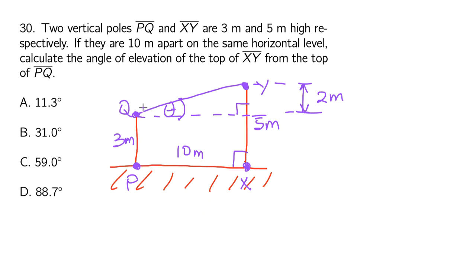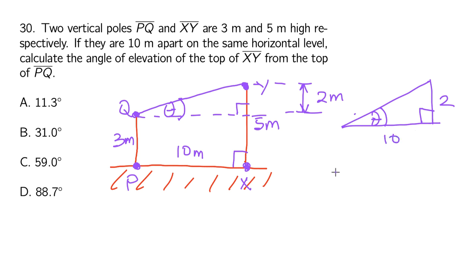So we now have this base being 10 meters and then this height being 2 meters. We can bring out this triangle so that it's a bit easier to see. We have this right angle triangle. We are looking for this angle theta. This height is 2 meters and this length is 10 meters.